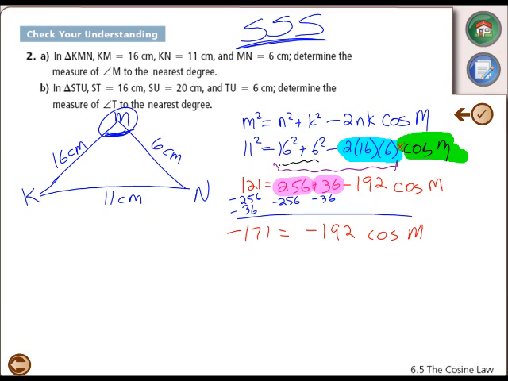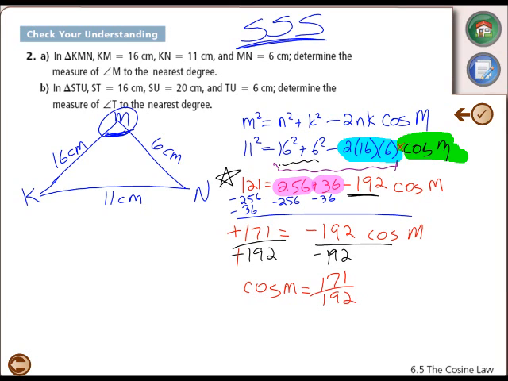This is where the biggest mistakes get made, is people subtracting that off. We've got to divide both sides now by the negative 192. That's the key here. So we now have the cos of M is equal to, they're both negative, so I'm just going to make them positive, 171 over 192. Do the inverse cosine to get M by itself.